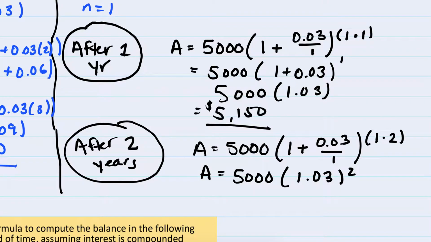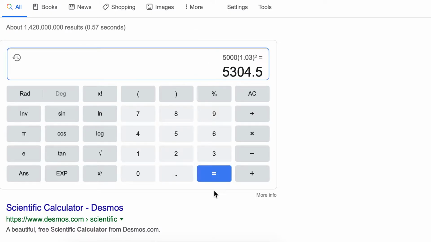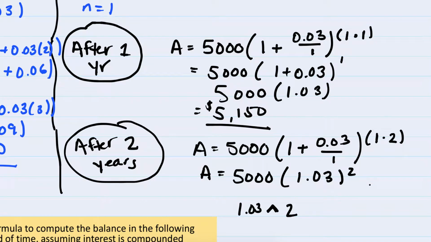If you want to go into the power, you've got to hit this button that looks like a little, they call it the caret key. If you find it, that'll push you up. So you could put 1.03 up to 2. Okay, so let's hit enter. We get 5,304.5. Let's write that down.